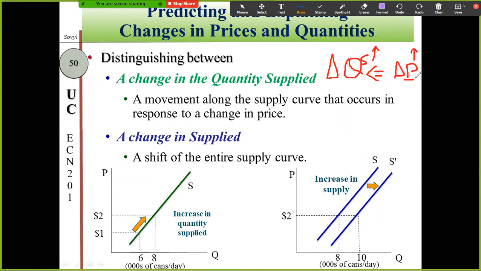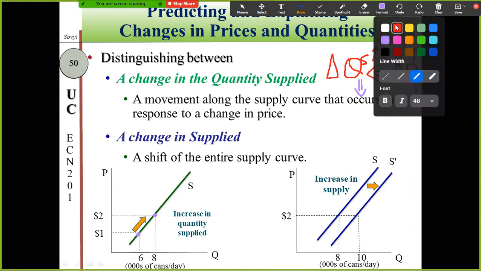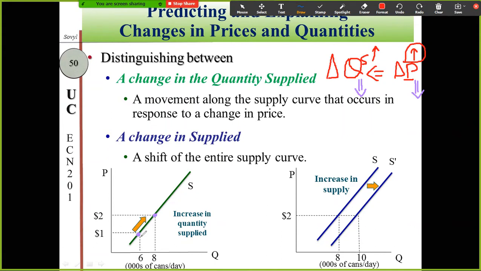However, if the price drops and becomes cheaper, suppliers wish to supply less, producers wish to produce less. Look at this one. I have this point and that point. When the price goes up from $1 per unit to $2 per unit, the quantity supplied also increases, from 6,000 to 8,000.